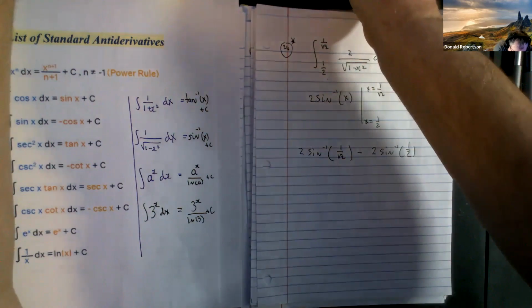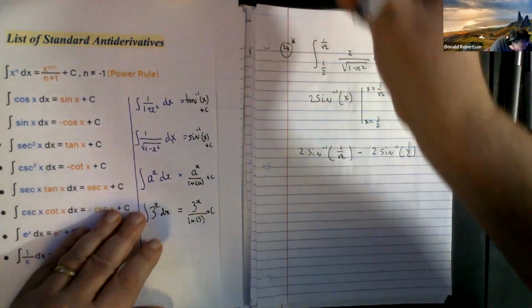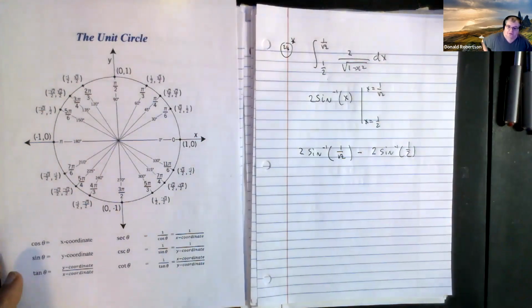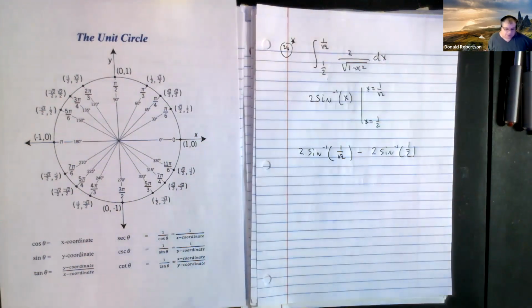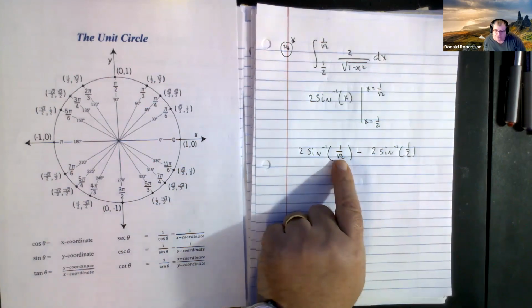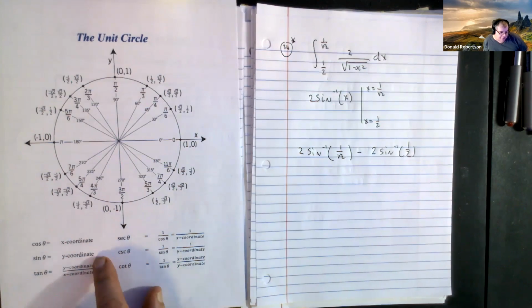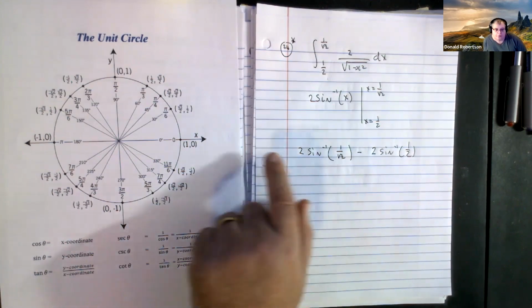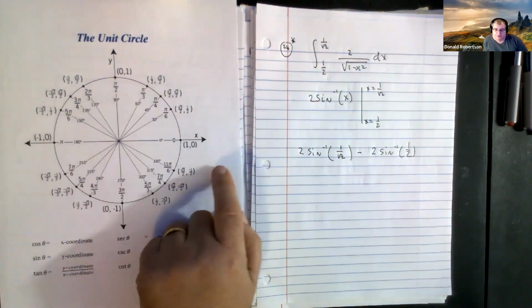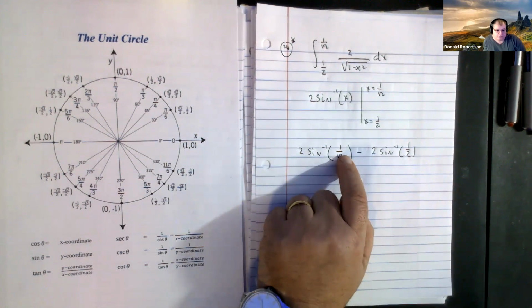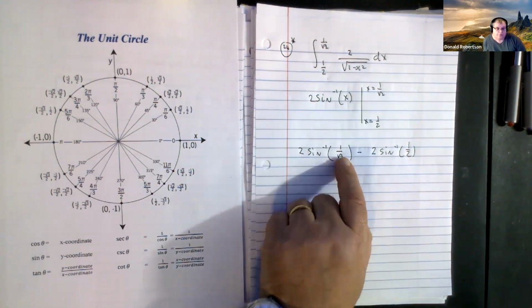And whenever we have sines, cosines, or inverse sines, or inverse cosines, we need to refer to our unit circle again. Now, I'm essentially interested in an angle whose sine is 1 over root 2. And I know that sines are the y coordinate. So I'm looking for a point here whose y coordinate is 1 over root 2.